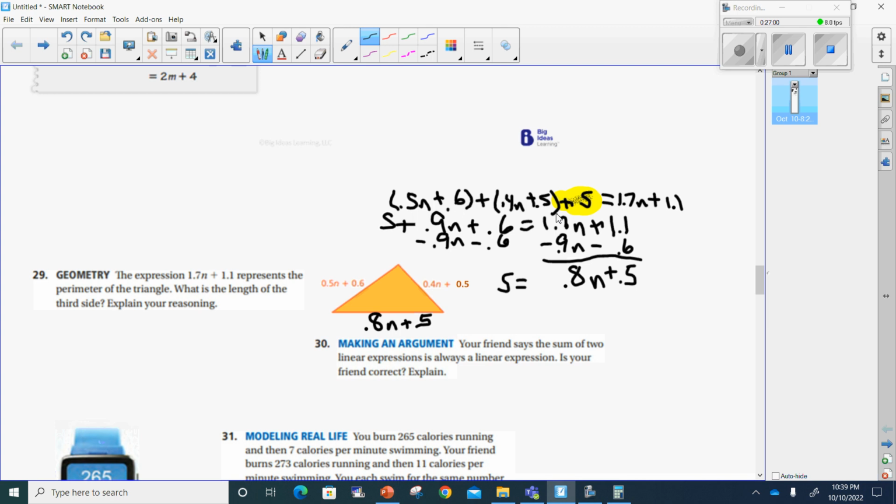All right, and 0.6 and 0.5 make 1.1. So this is going to be 1.1 right here, which means I have to subtract 1.1. So I'm going to be subtracting 1.1 from this side.